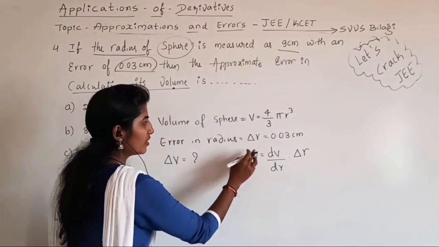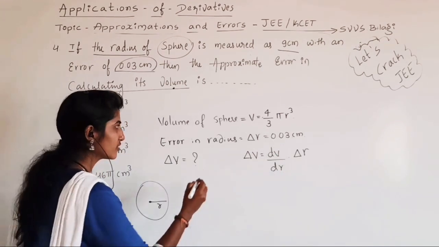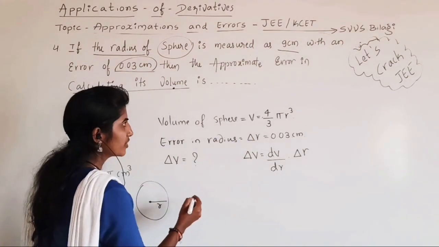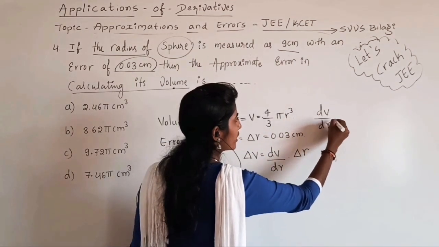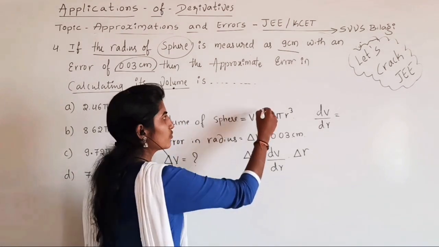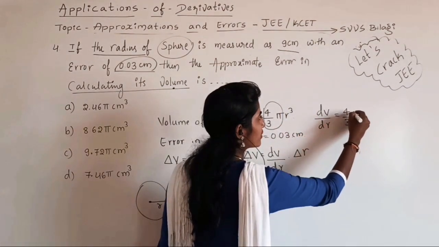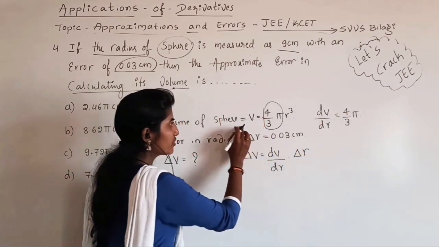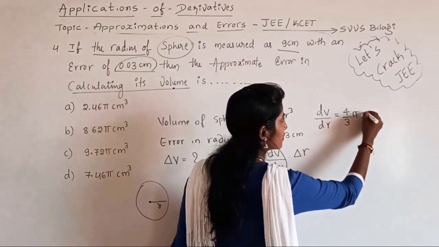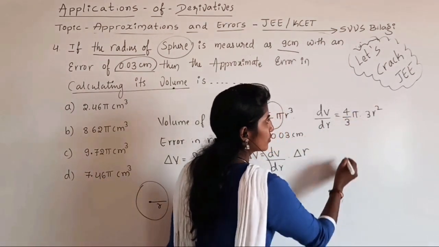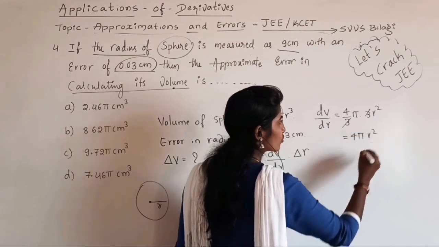Now, to find this delta v, first you need to find dv by dr, that is differentiation of that value v with respect to radius r. Since 4 by 3 pi is constant, keep it as it is, 4 by 3 pi into differentiation of r cube with respect to r, which is 3r square. So, here 3 and 3 get cancelled, remaining part is 4 pi r square.